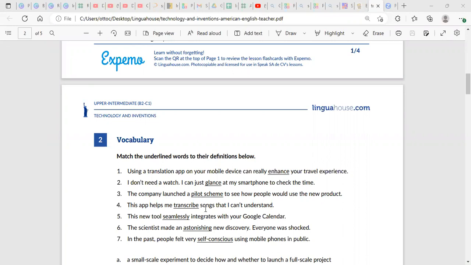Okay, yes, you can actually get the meaning by reading the context, okay, seamlessly. Something that perfectly suits something. Good job. And astonishing, Josenior, what is astonishing? Something amazing that caused a surprise. Exactly. Something that is extremely surprising.